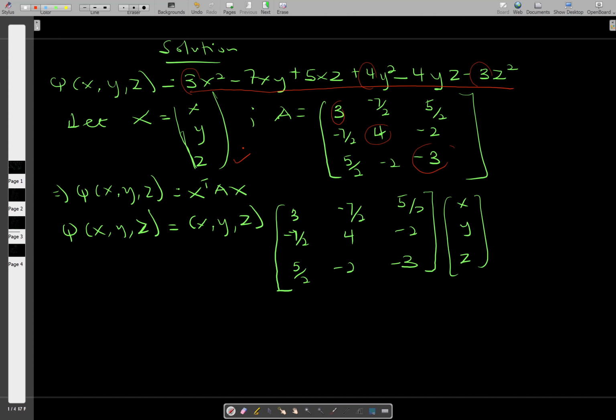So for minus 7xy, we divide minus 7 by 2. In xy, x represents the row number and y the column number. So when you divide by 2, you get negative 7 over 2. We place it in the first row, second column, and second row, first column.